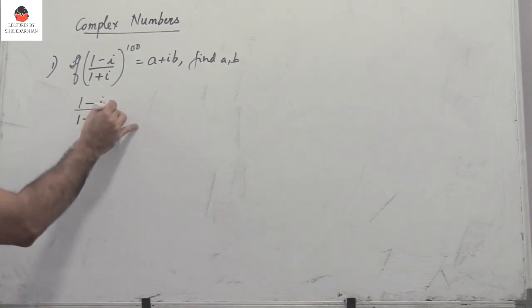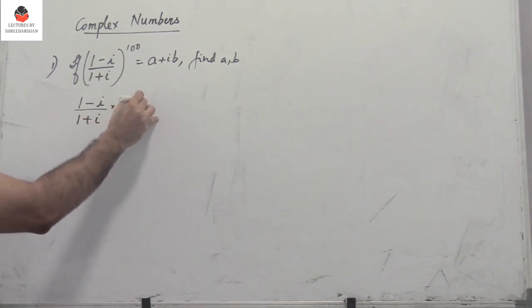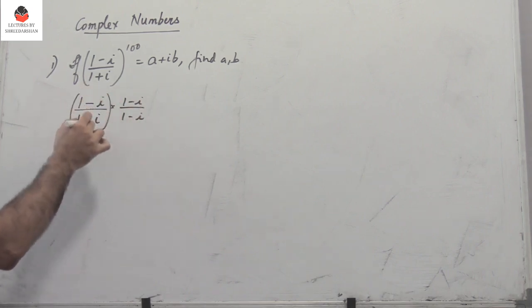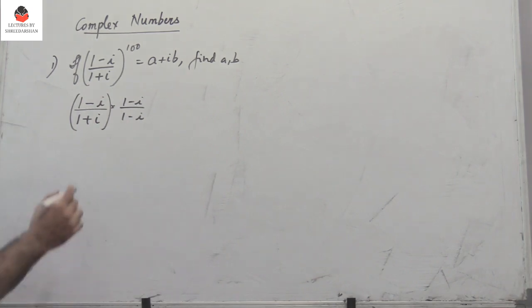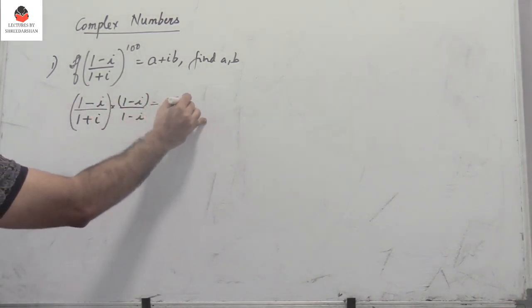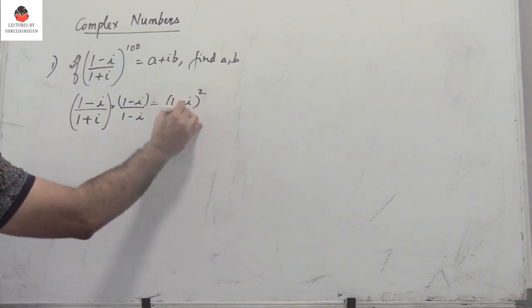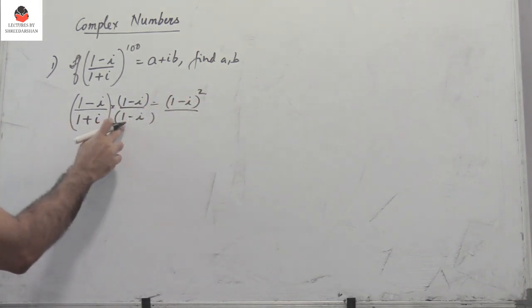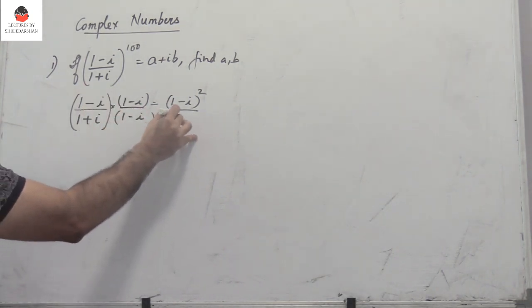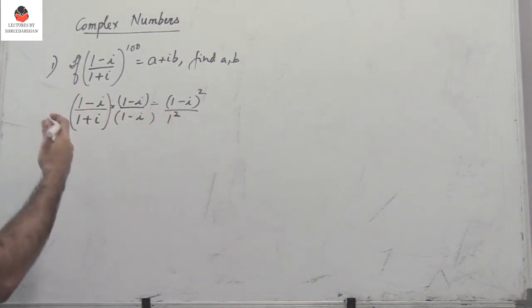It is 1 minus i. So let me multiply and divide by 1 minus i, so that the value of the expression does not change, right? So (1 minus i) into (1 minus i) is (1 minus i) whole square, and the denominator is of the form (a plus b) into (a minus b), which is a square minus b square. a is 1 and b is i.